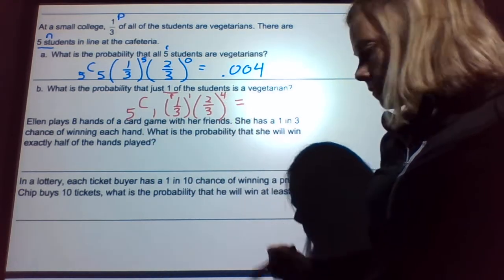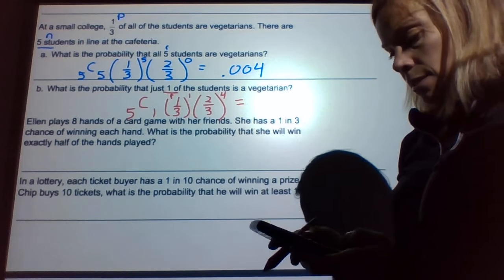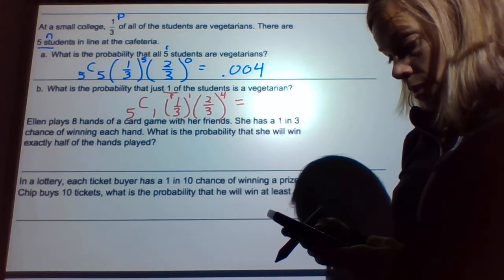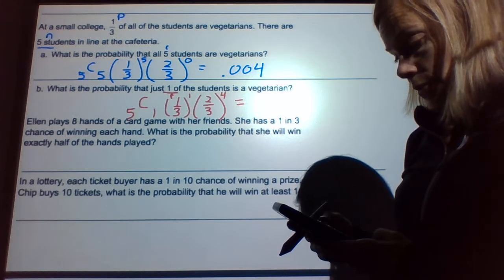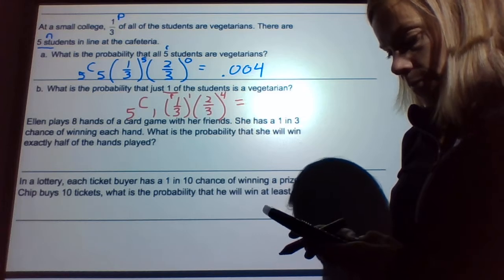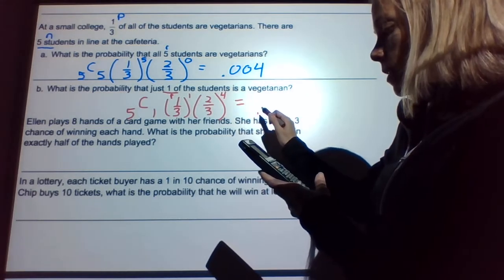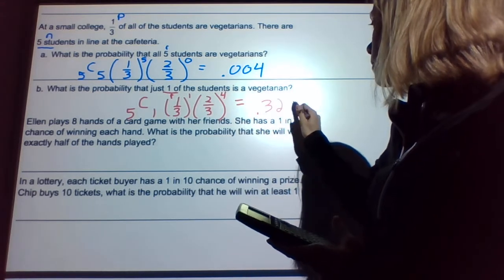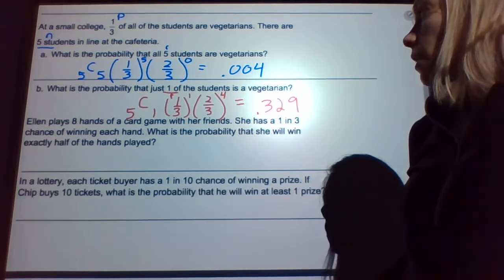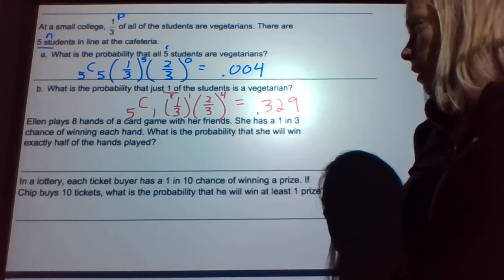And I calculate that. 5C1, 1/3 to the first power, 2/3 to the fourth power, 0.329. So almost a 33% probability that one of the five, and it should be a higher probability.